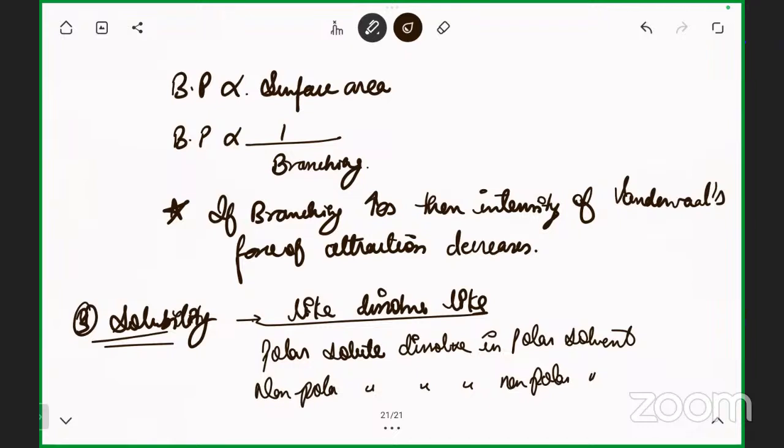So they are generally insoluble in water and alcohol. But if I talk about solubility in non-polar organic compounds, such as petroleum products, ether, benzene, carbon tetrachloride, they are soluble in it.